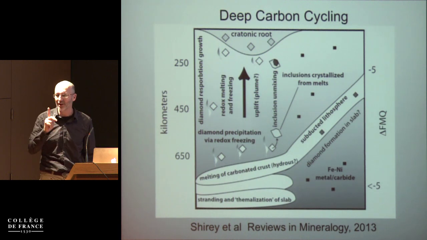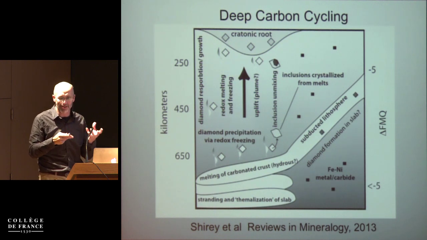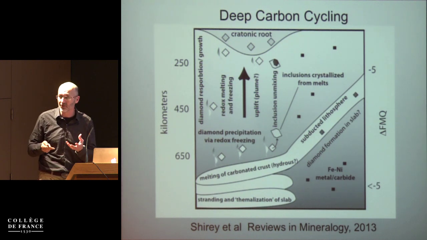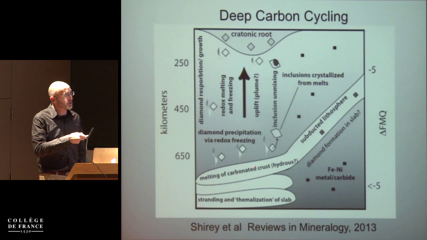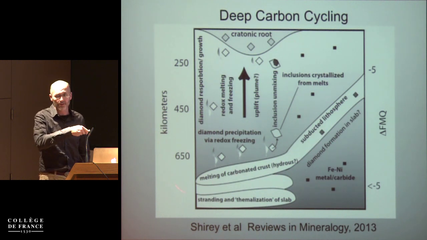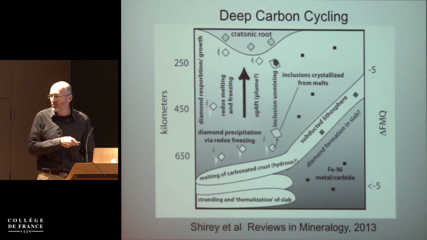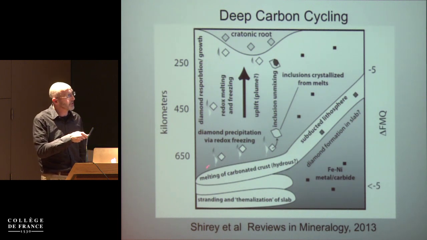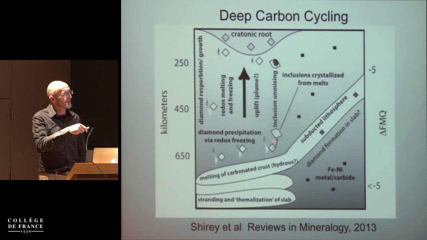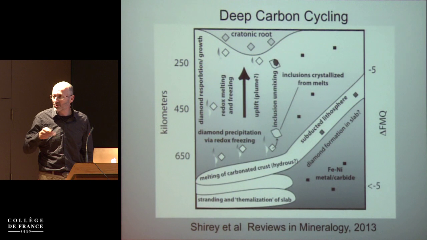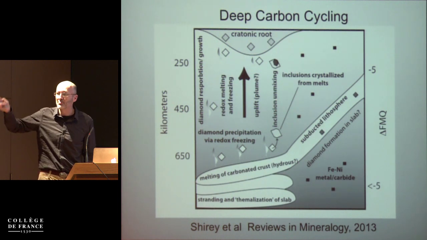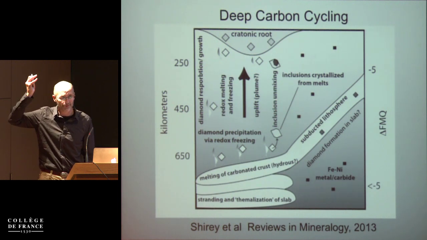Okay, so they're associated in space and time, which to me means that there's some sort of metasomatism going on at the base of the lithosphere that is probably associated with this subducted slab from which all this stuff is being produced in the first place. Now, there's a model by Richard and Iwamori, a dynamic model, which suggests that when you take these possibly hydrous carbonated melts and impregnate them into this region, you produce dynamic instabilities, and you can actually have small plumes that start shooting up from this stuff.